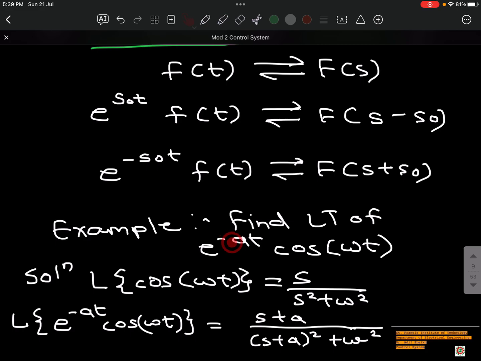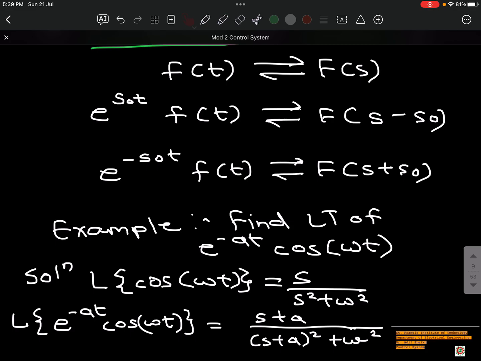Since it is minus at, we have to put s plus s0, where s0 here is a. So it will become s plus a upon (s plus a) the whole square plus omega square. Simply, instead of s we write s plus a.